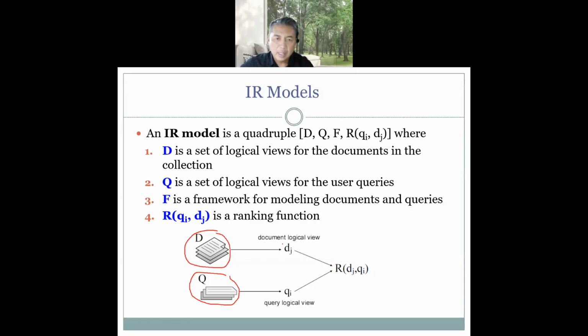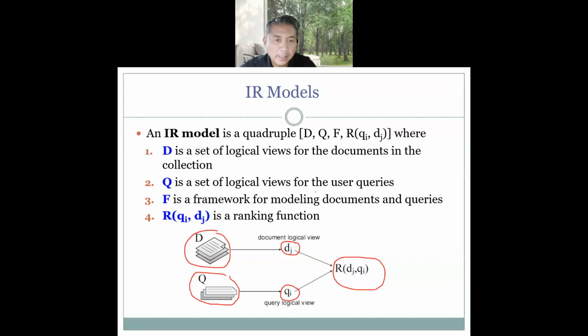So we will have a vector of documents and a vector of queries. And we also have this ranking function. The ranking function is defined as a function that will quantify the similarity between the document and the query, that is, the differences between the document and the query.